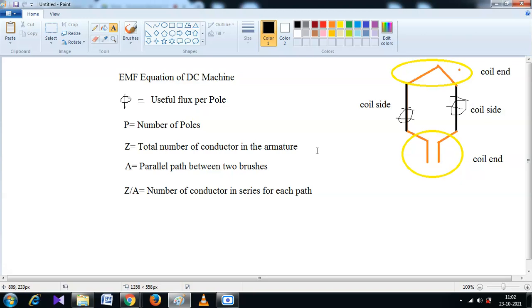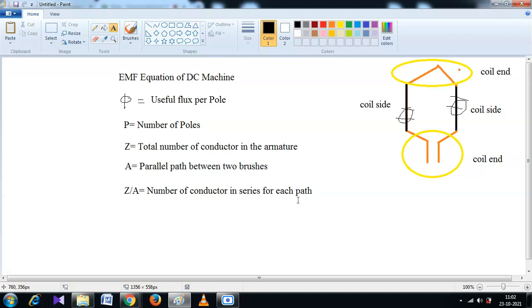Can I say that? Z by A is equal to the number of conductors in series for each path. Yes, sir. You have done 100 by 10, that means 10.